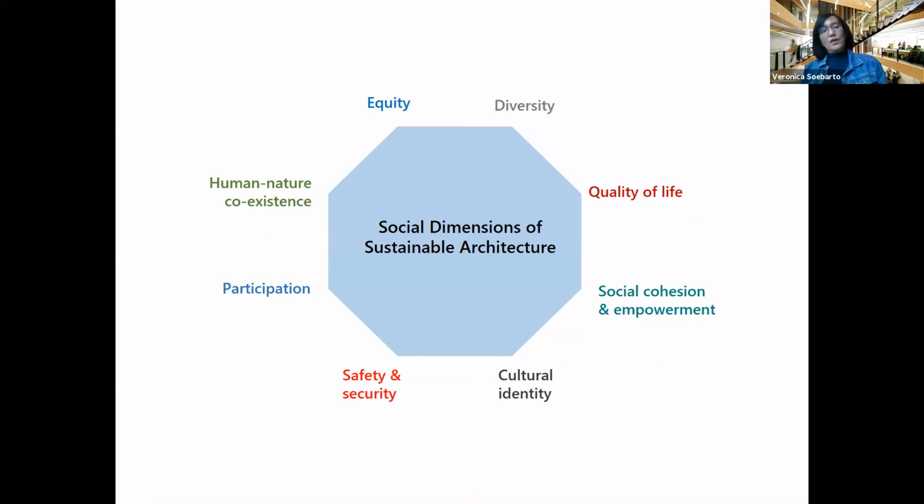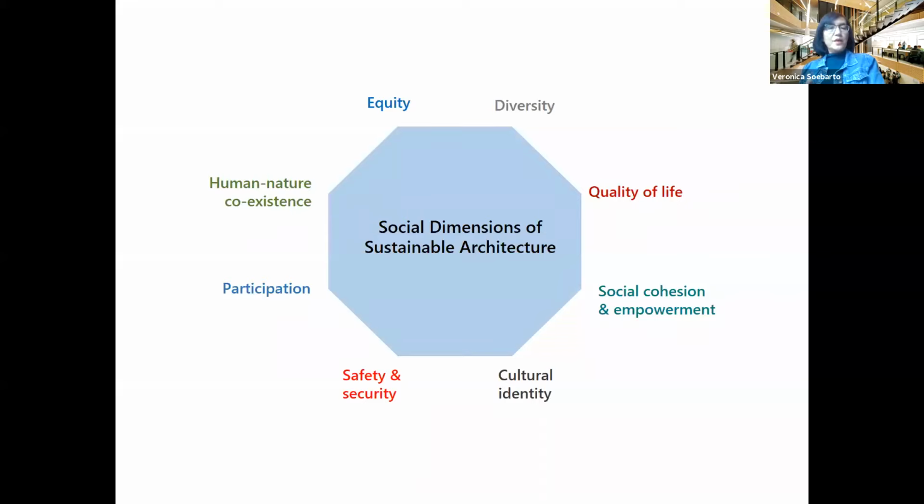So my take on that, in terms of the social sustainability in sustainable architecture, I think there are a lot of dimensions. If you look at the literature, some people would say there are 4 dimensions, some people would say 5. Well, to be honest, I can't reduce that. I think there are a lot of aspects that we need to look at when we talk about social dimensions. So again, human nature is coexisting.